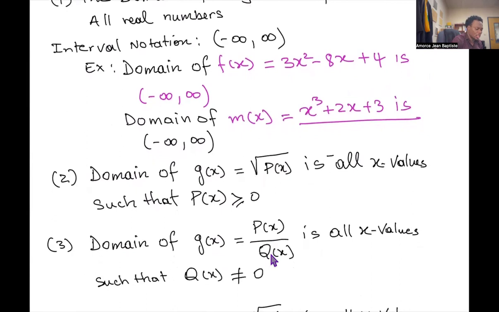Now, if we have another type of function like g of x equals the square root of p of x, where p is a polynomial function.